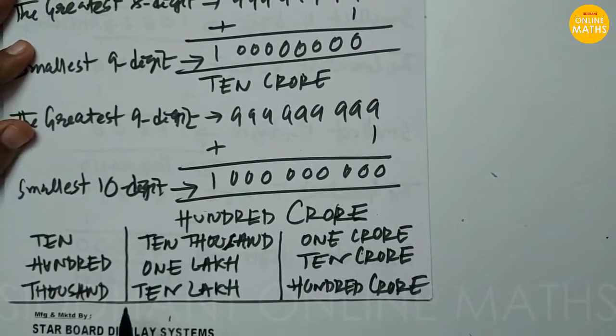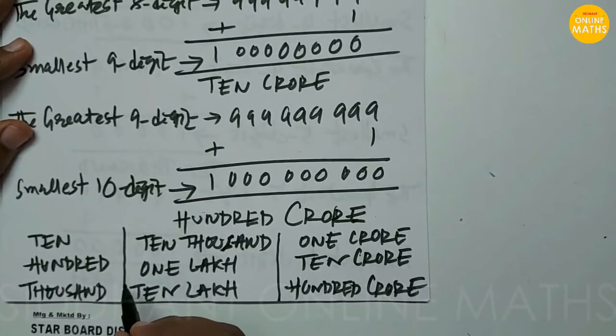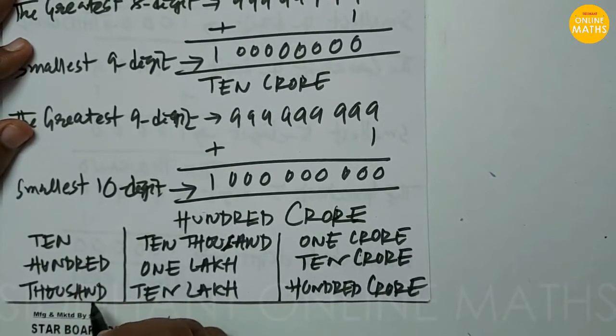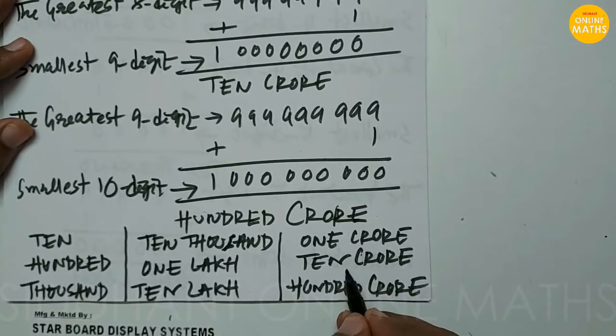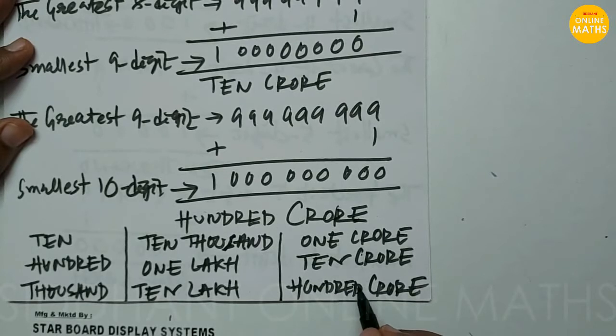So in this sequence we read the numbers 10, 100, 1000, 10,000, 1 lakh, 10 lakh, 1 crore, 10 crore, 100 crore. So this is just an introduction to how we are going to read large numbers.